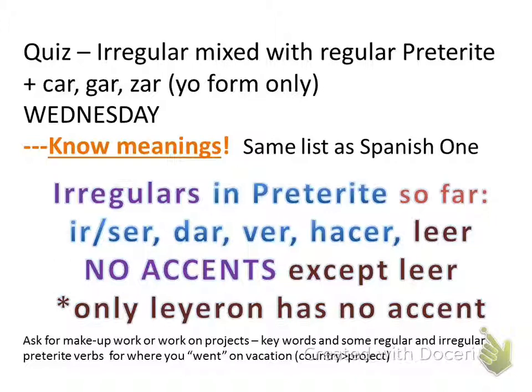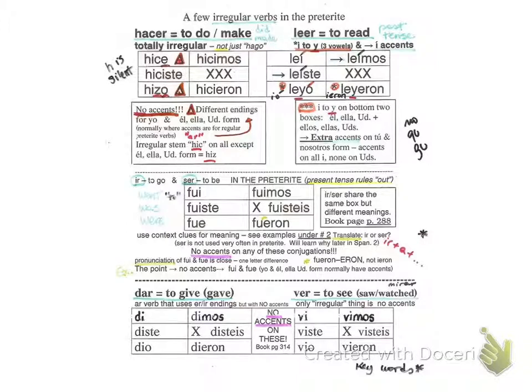And all the leer boxes have accents except for leyeron. Okay? And I gave you this document right here on your Edmodo, and it gives you a quick overview of just the irregular verbs that we're focusing on for this chapter. Hacer, leer, ir, ser, dar, and ver, all together in one place.